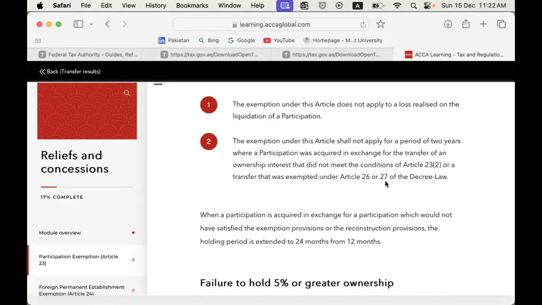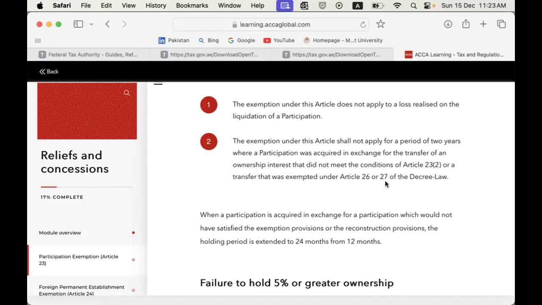So what are qualifying groups? In short, when two companies have common control and the same shareholder is there, or up to 75%. One company owns 75% shares in the other company, or a third person owns at least 75% shares in both companies. Then such companies can be seen as a qualifying group.